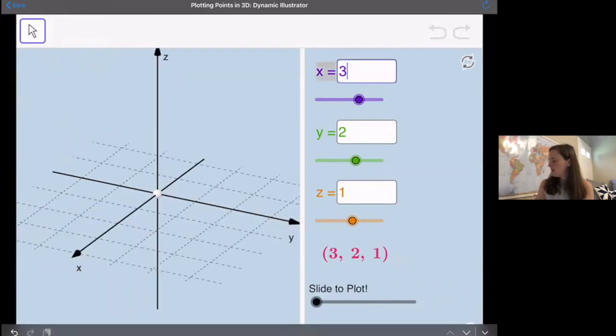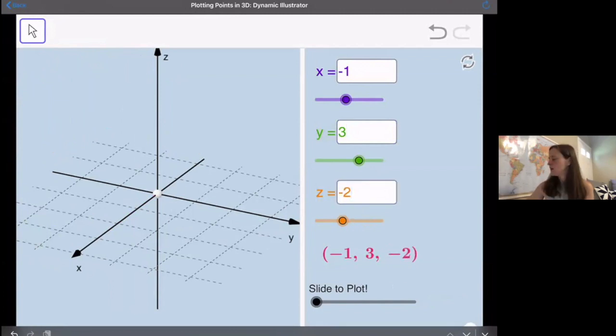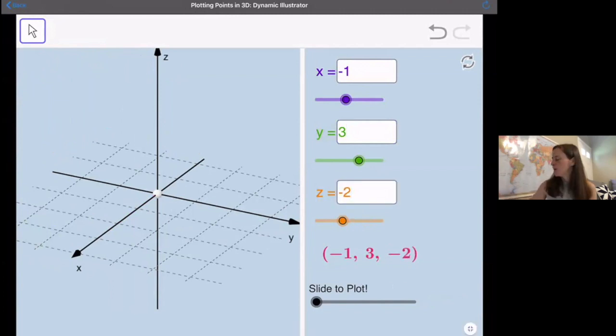All right, so I'm going to have it go -1 in the X direction, 3 tick marks in the Y direction, and -2 tick marks in the Z direction. Again, you can go play on this applet all you want, just to get an idea of plotting points in 3D. This time, instead of going out along the floor of the room, it's going to go straight back on the negative side of the X-axis.